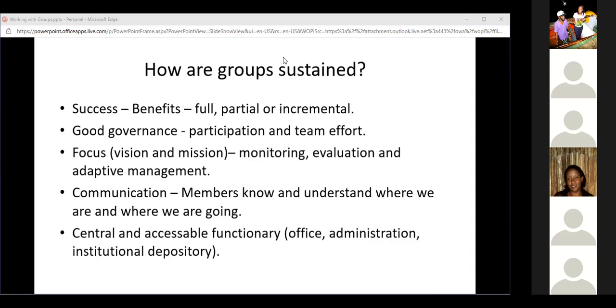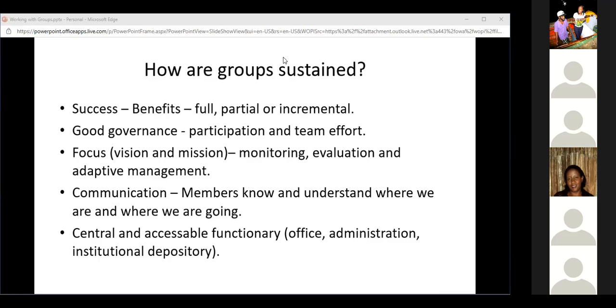Generally, people do not want to remain within a group that is known for that type of behavior, or with individuals within a group who tend to be dishonest, who tend to be bullies, who tend to be disrespectful. So good governance is one of the things that sustain groups and keep groups together.